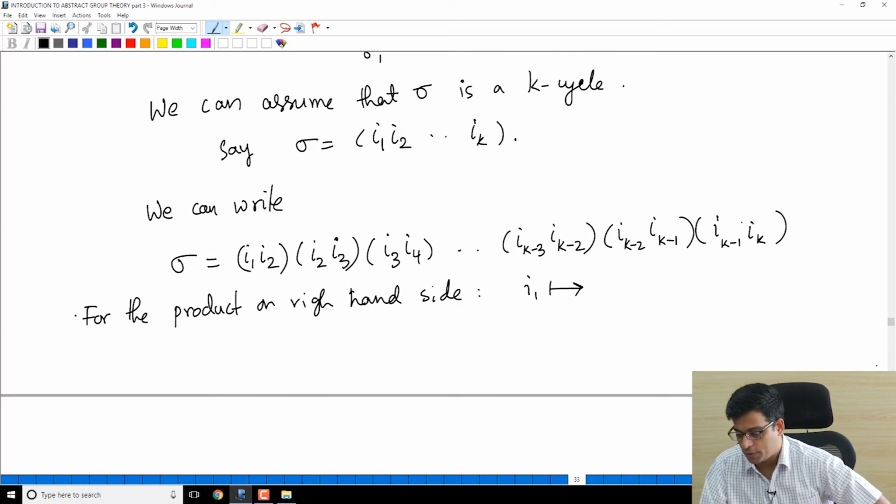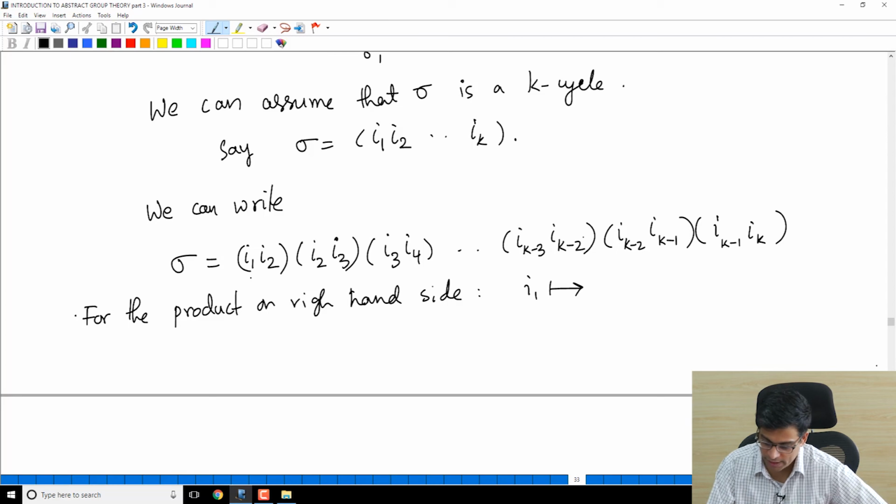So I1 is not present here, so it fixes I1, so we don't care. I1 is not present in the third one from the right. It is not present in any of the first k minus 2 things. It is present only in the last one. So we must send I1 to I2, right? Sigma also sends I1 to I2, remember.